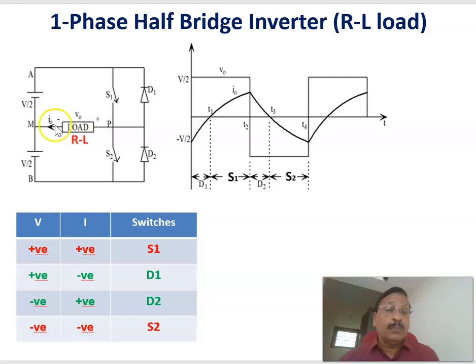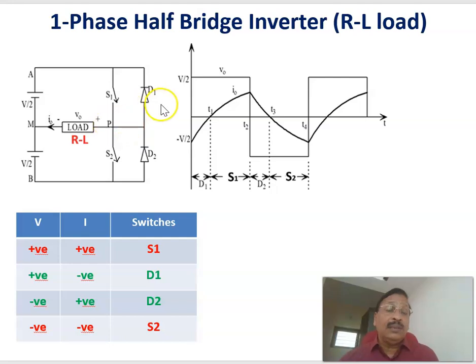When S2 or diode D2 is conducting, one of them will be conducting, then the voltage becomes negative at P with respect to this point. That we call a negative voltage. If either S2 or D2 conducts, P becomes negative with respect to M, so you get a negative voltage across the load, because we are calculating the voltage of this point with respect to this one.